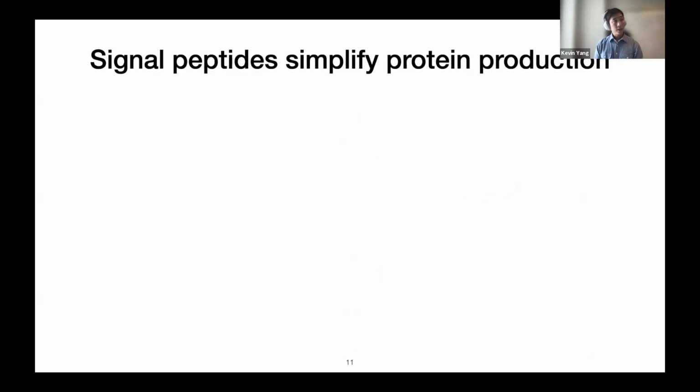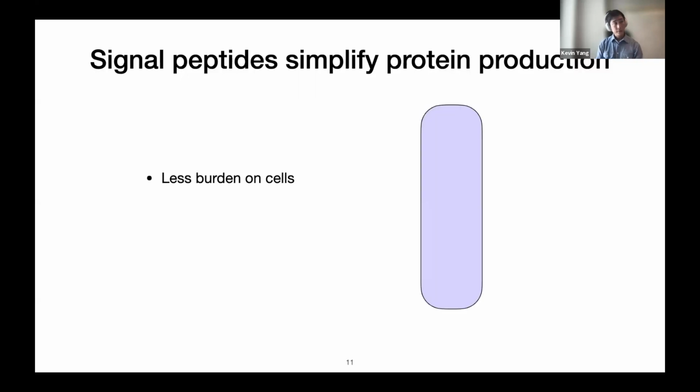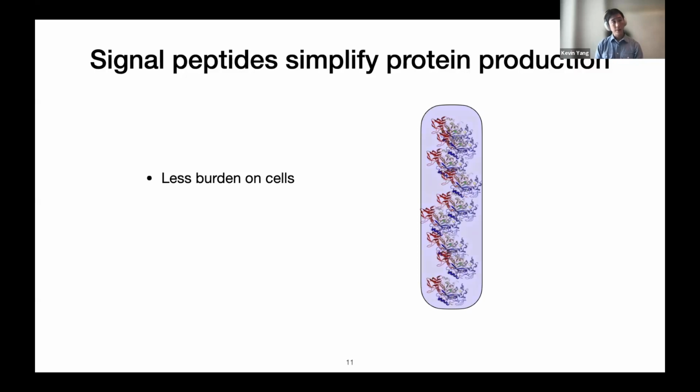And we want to be able to generate artificial signal peptides because signal peptides simplify protein production. So when we make proteins in cells, if there's no secretion, what happens is they build up in the cell. And that can be very bad for the cell, especially if you're overproducing an artificial protein or a protein that's not native to that species.